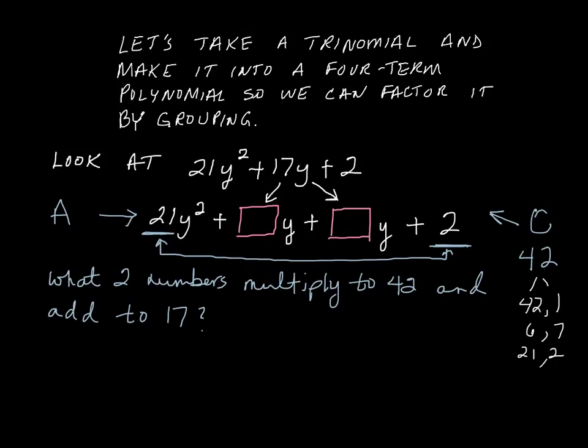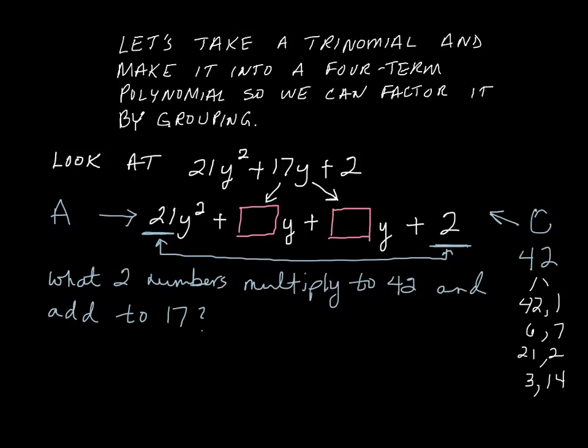Can that add to 17? No, but you have to really think out the box, and you have to think about 3 and 14. Because 3 times 14 is 42, and 3 plus 14 adds to 17.